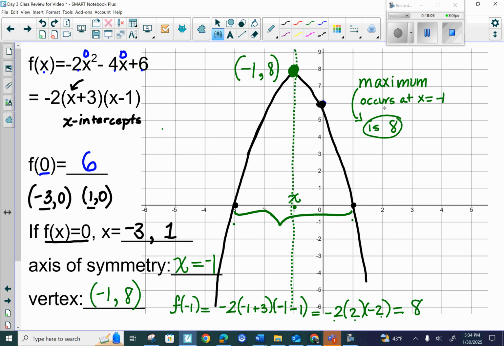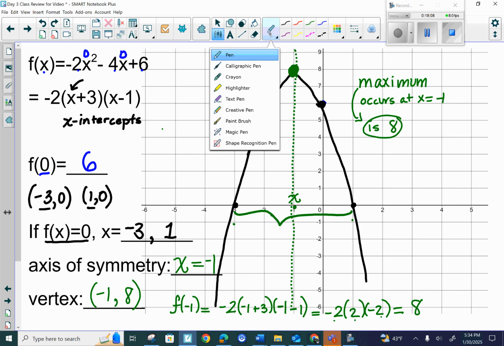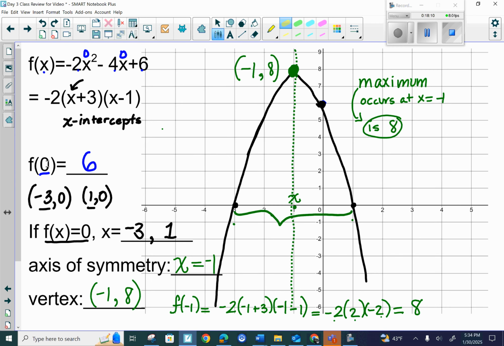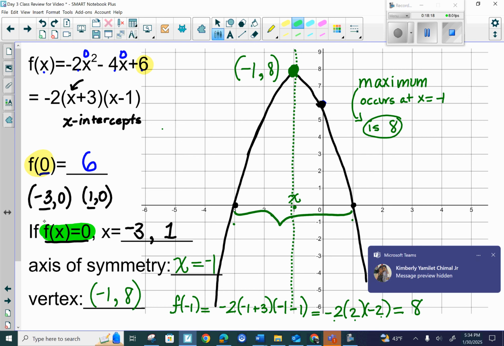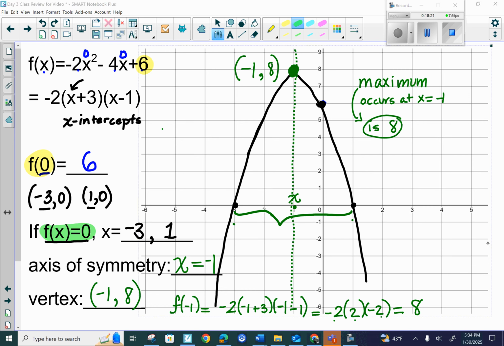Okay? So again, things to pick up from here are key points. f of 0 is 6. If f of x equals 0, how do you get the outputs to be 0? You look at the factored form. What makes those factors equal 0?